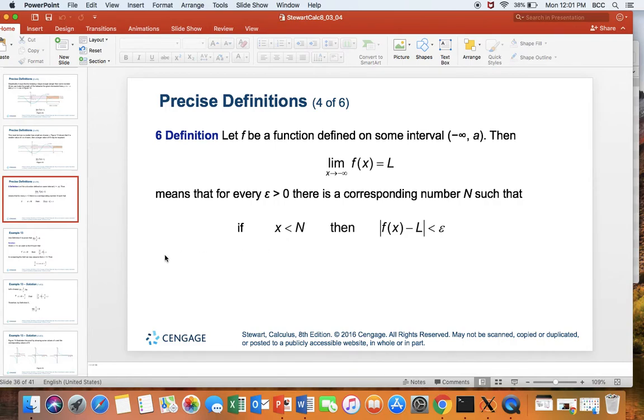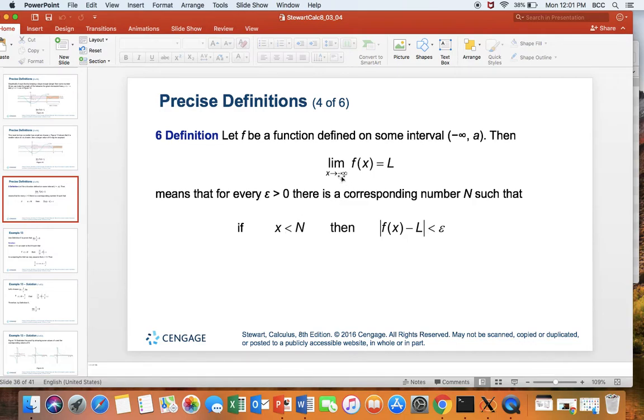So going far away to the left, if x were far away to the left, then the distance between f(x) and L is less than epsilon, okay? So for any, however small epsilon you choose, if you go far away to the left, then the distance between f(x) and L can be made as small as needed.